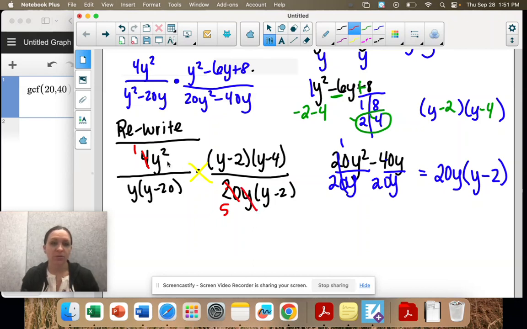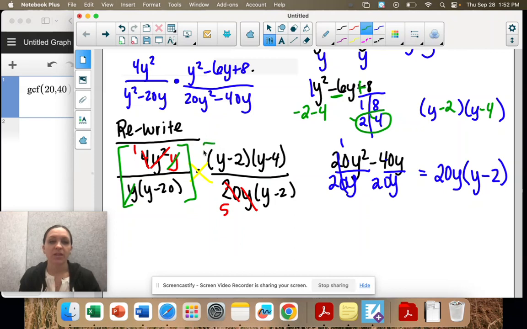So this one goes away, and then this one, we're just left with y. That's it. All right, now we're going to look at this fraction. What reduces? Well, the y's. That's why we go diagonal first sometimes.